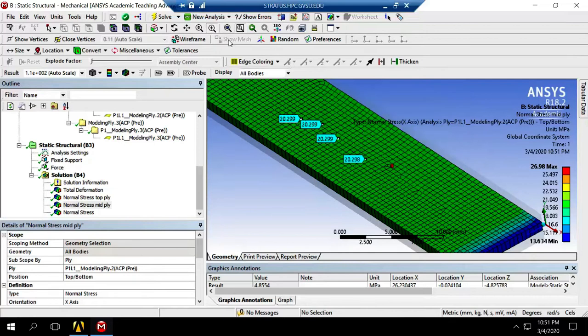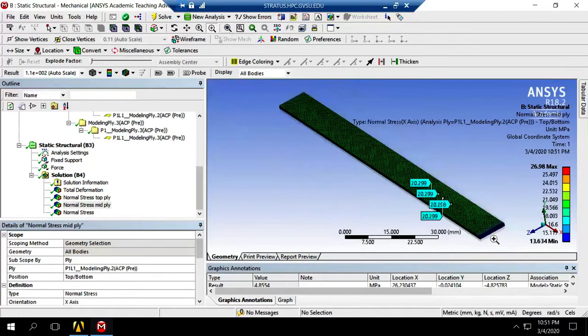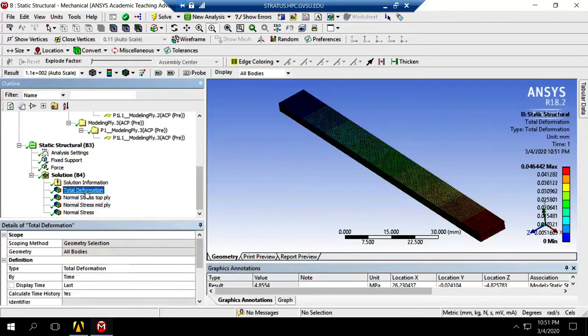So we have equilibrium. Okay, so these are the stresses in the x direction based on the global coordinate system.